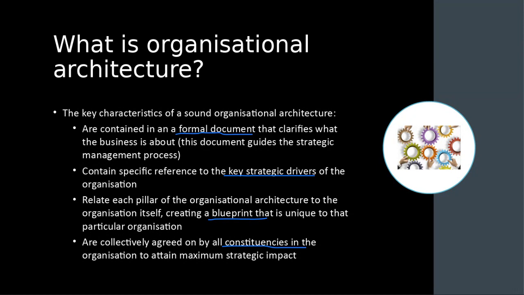Now, when we talk about all constituencies, I don't know why they don't use stakeholders, and I can understand why they don't use stakeholders in the same breath, but it certainly has to have top, middle, junior management support. It has to have support of your professional staff, of your key role players within the organization amongst your employees. But the key word always there is doing more with less and leaving a real impact.